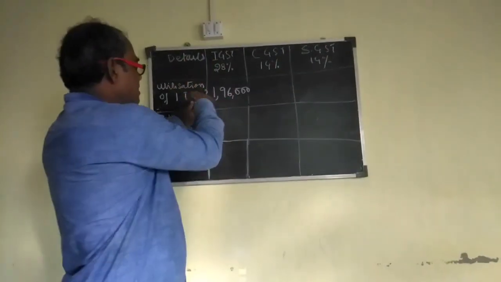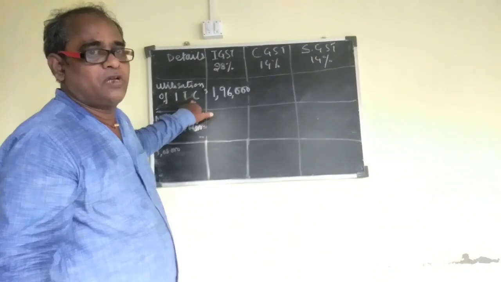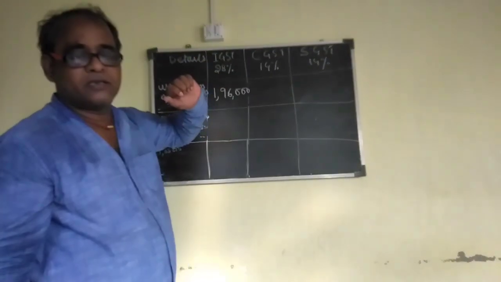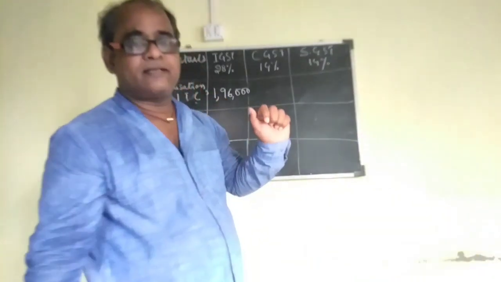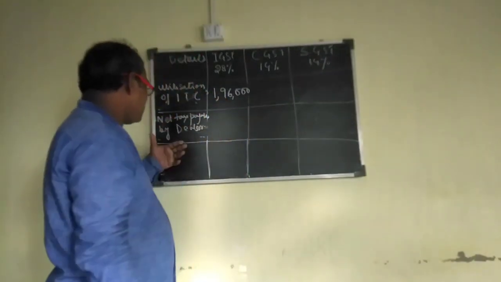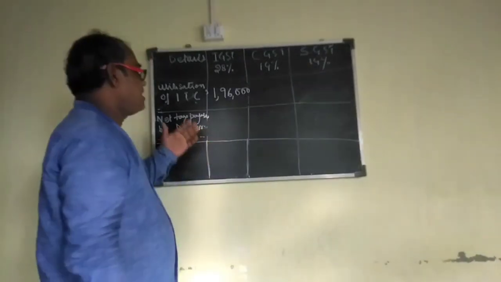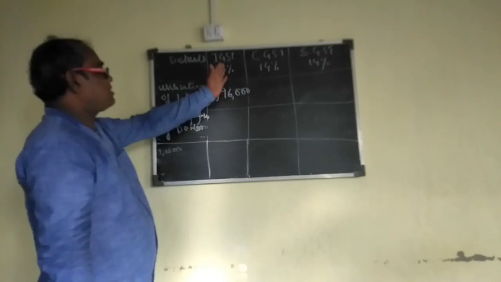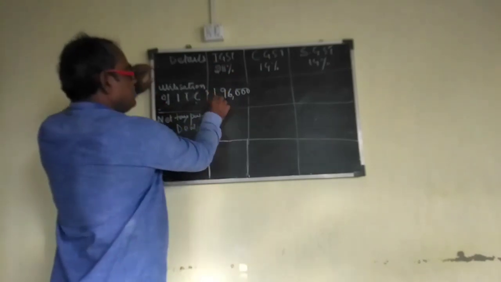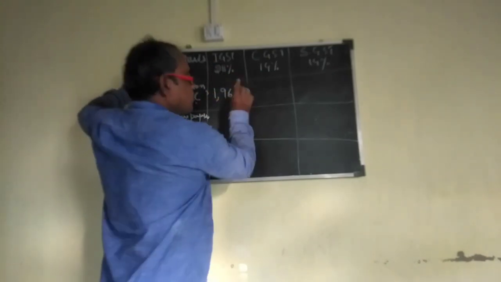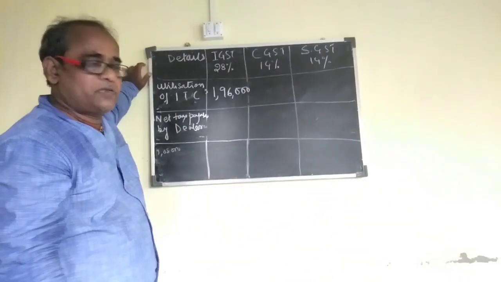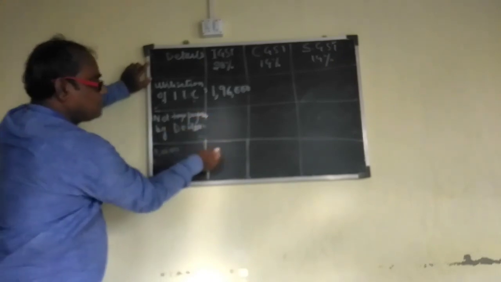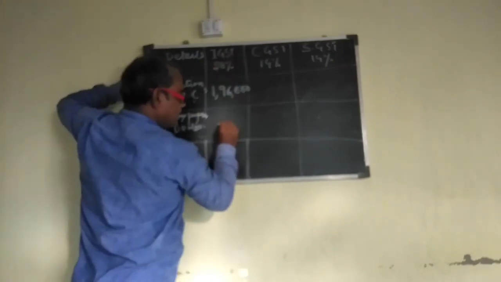In the previous chart we had output IGST interstate of 1,96,000, and the input interstate was 3,08,000. So that 3,08,000 will be utilized over here. We are utilizing 1,96,000 from 3,08,000. So after utilization, the net tax payable by the dealer for IGST will be nothing.